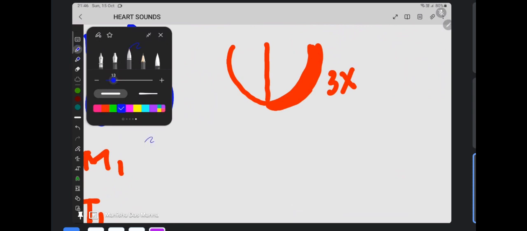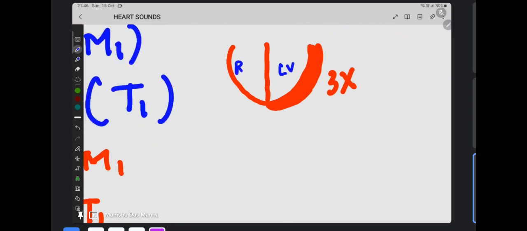So the vibration associated with the contraction of these massive ventricles obviously produces a large, loud sound.